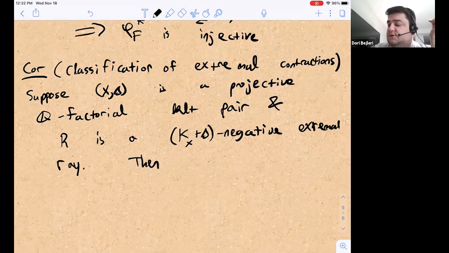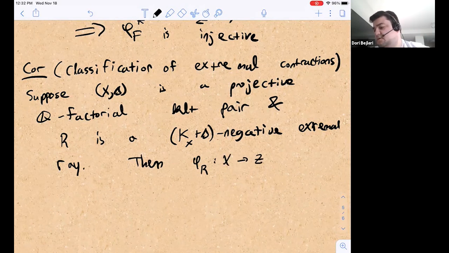Then the extremal contraction φ_R from X to Z is one of the following.